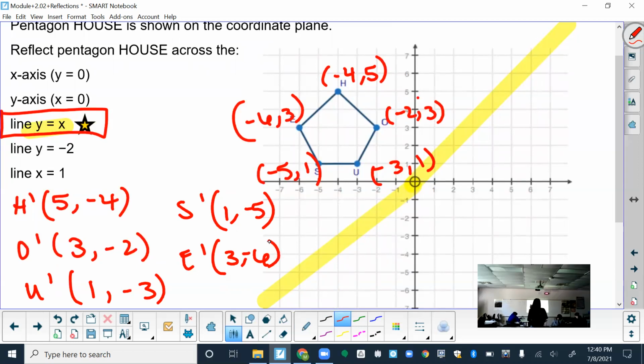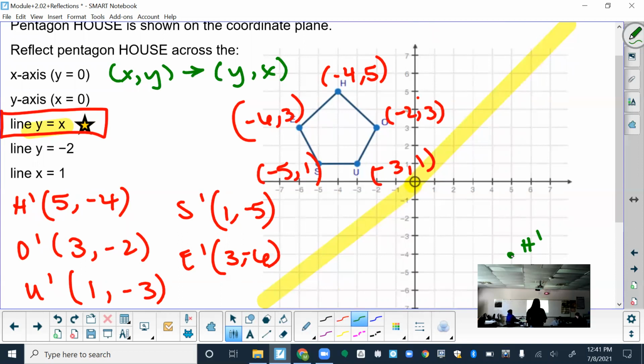All right. So flipping them according to that rule, I'll write the rule here in the corner. All right, but here's my new coordinates. If I plot them, then we get our reflected image.